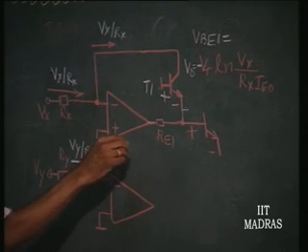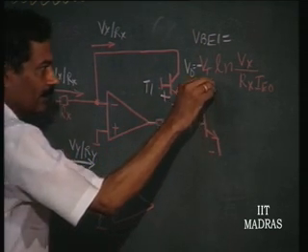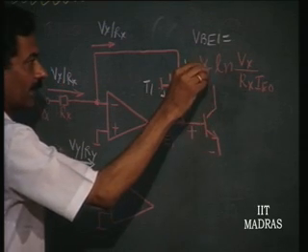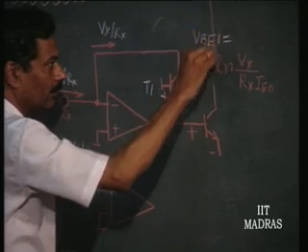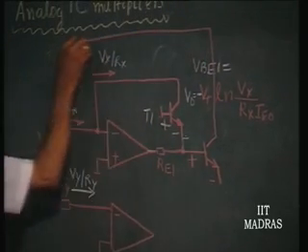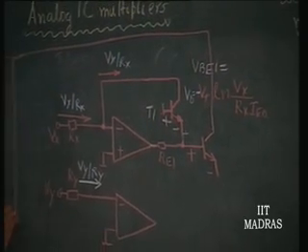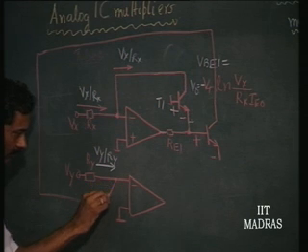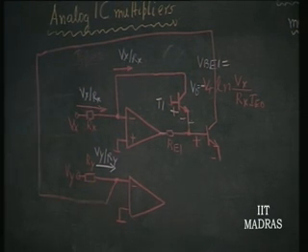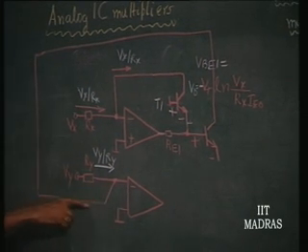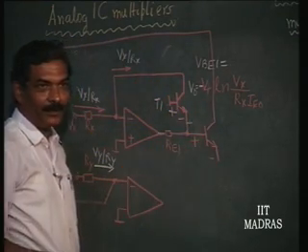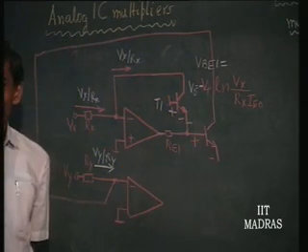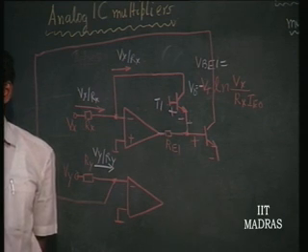That means, I will now have this coming like this, that is all. I am forcing Vy by Ry through the other collector, then automatically this voltage gets developed, but still I have to complete the negative feedback.